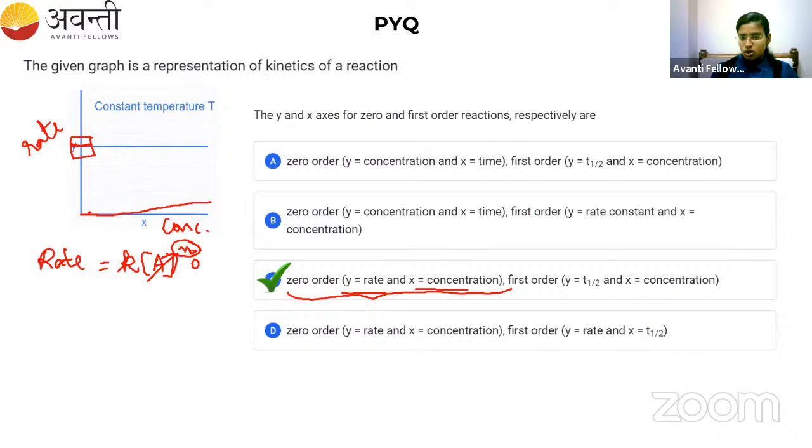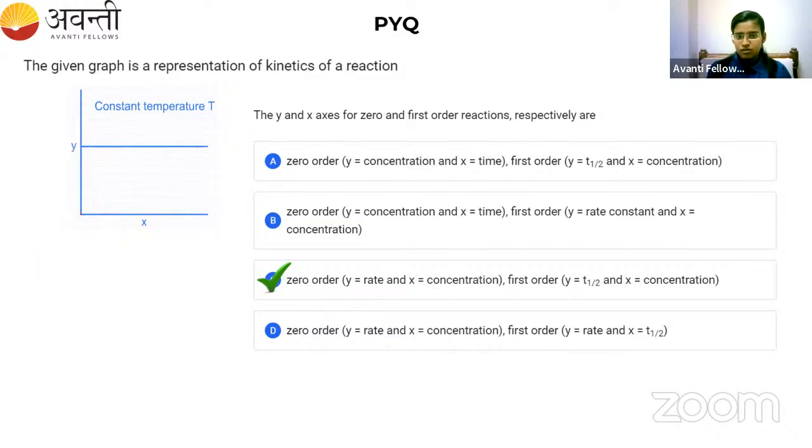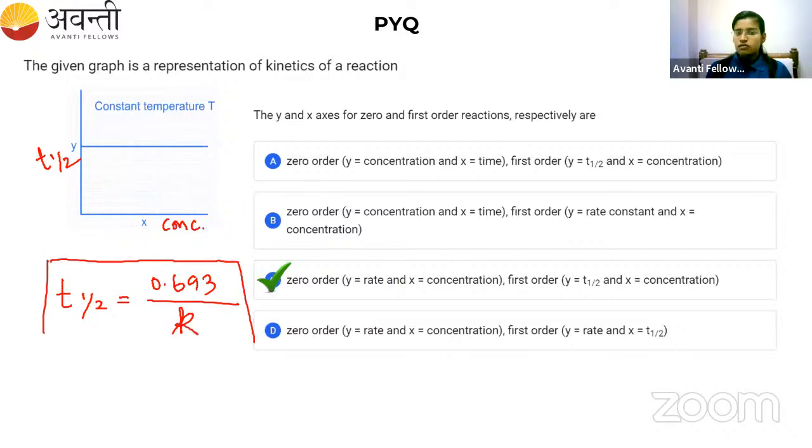Now coming to first order, here the story is between t half and concentration. t half means half-life, right? t half is called the half-life. So half-life is taken on the y-axis and concentration is taken along the x-axis. Yesterday we studied the formula for half-life, right? For first order reaction, t half is equal to 0.693 divided by K. In this t half relation, we don't have the concentration term involved.